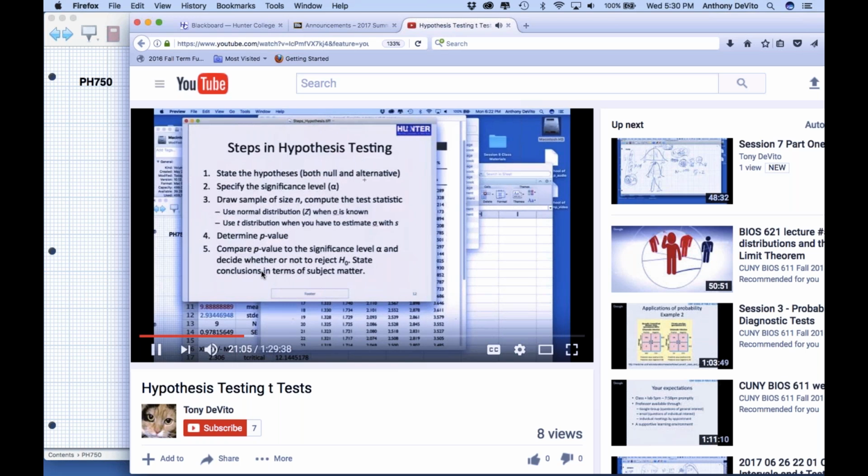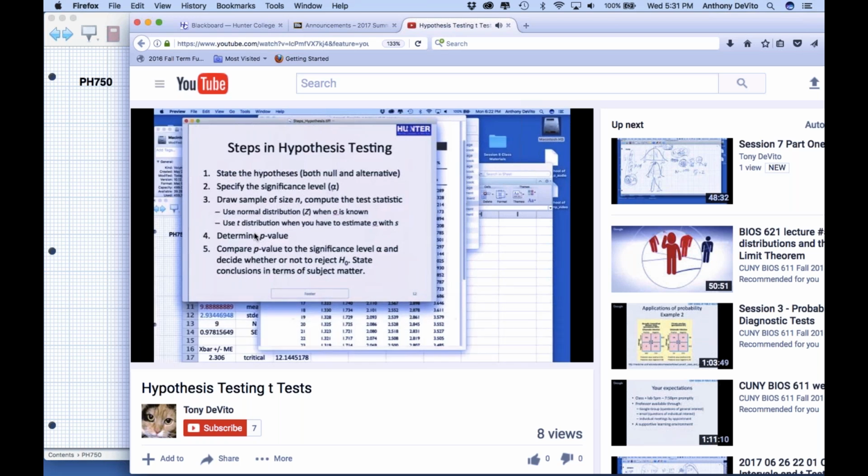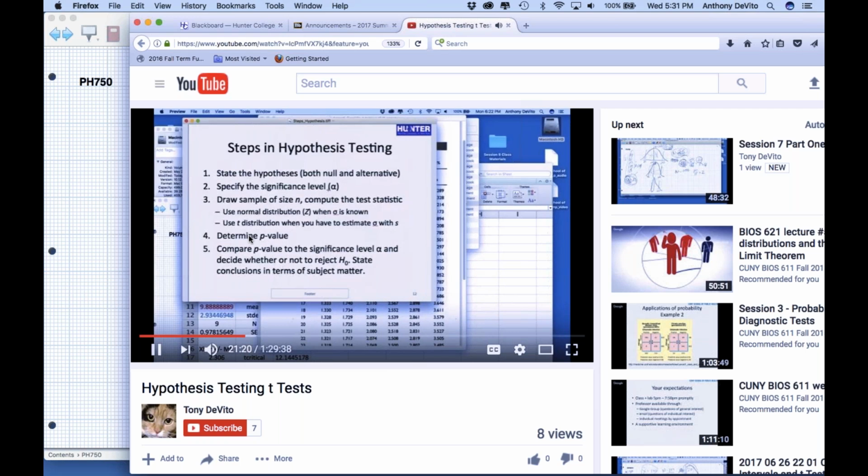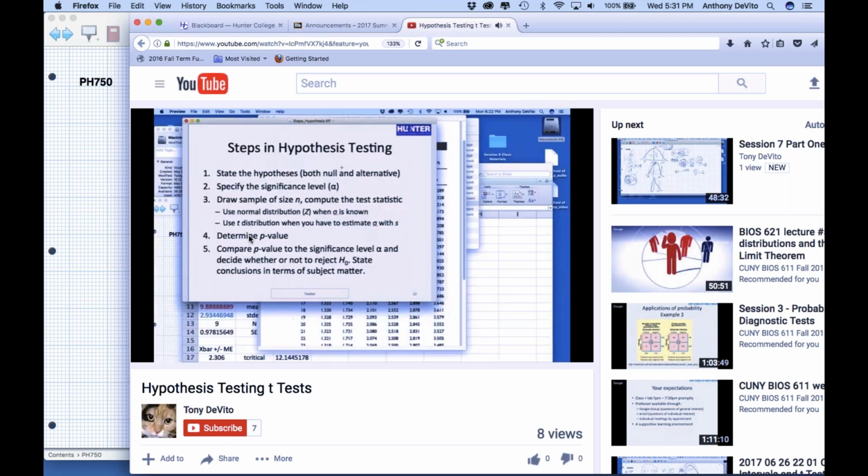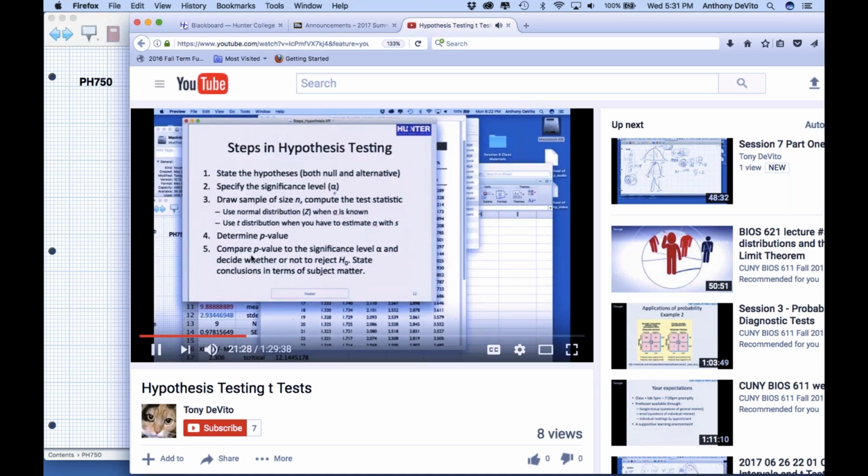We want that p-value to be less than our tolerance for error, which is our alpha, 5%. So we want our t-value to be bigger than the critical value, and we want our p-value to be small, less than 5% or less than whatever alpha we choose, like 1%. That's how we determine whether we reject the null hypothesis and say the two means are in fact different.